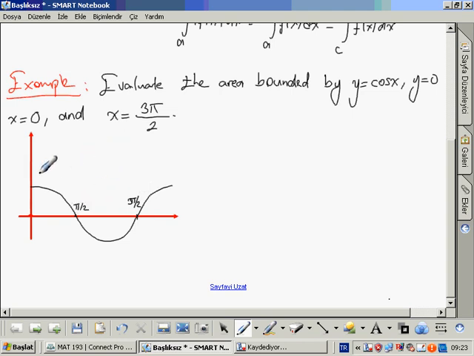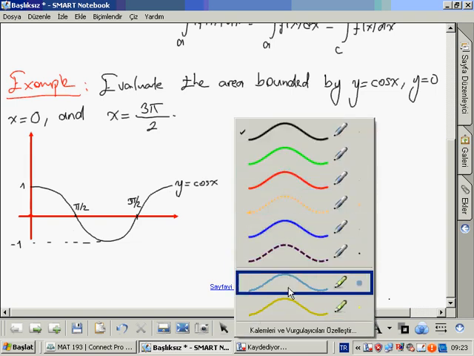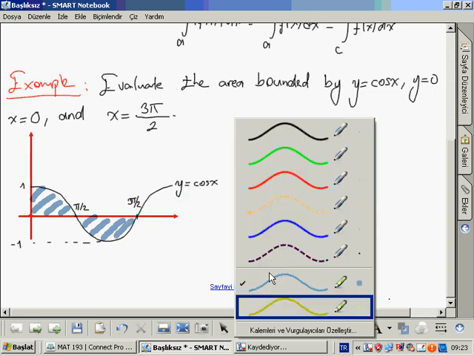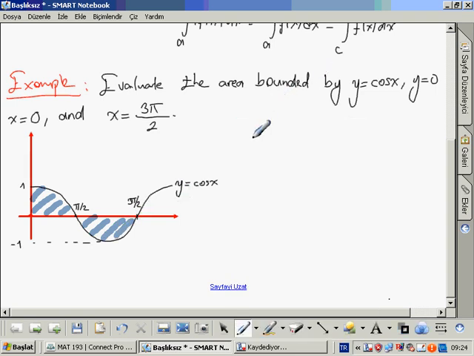This is 1, and this is minus 1, and this curve is y equals cosine x. We are looking for this shaded region.